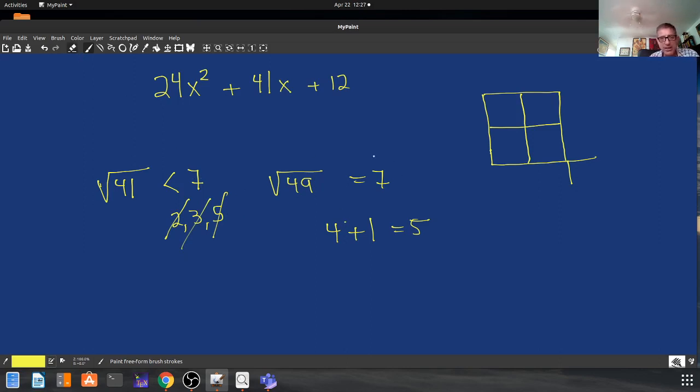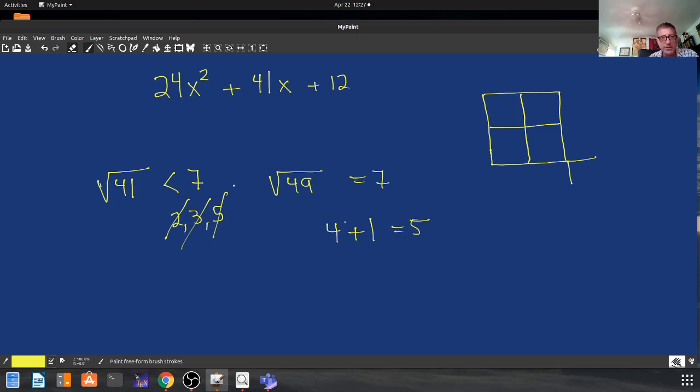The only thing I didn't talk about is any number has to be divisible by at least one prime that is less than or equal to its square root. Now, of course, we don't know what the square root of 41 is, but I know that the square root of 49 is 7, so it's got to be a prime less than 7, and those are my primes less than 7.